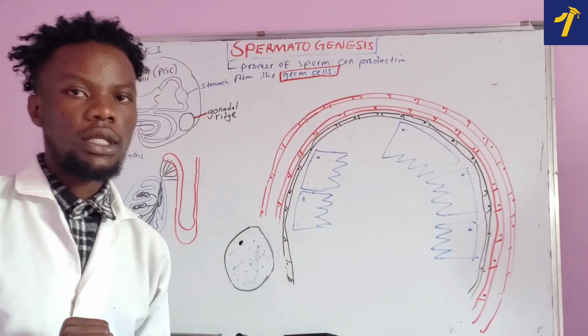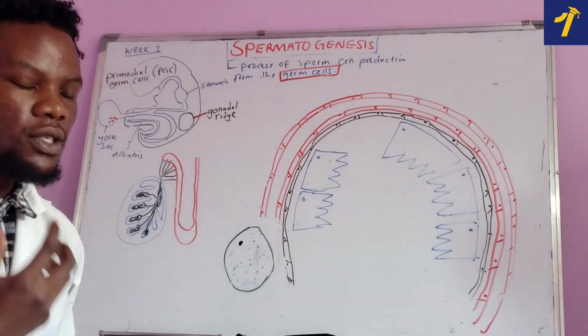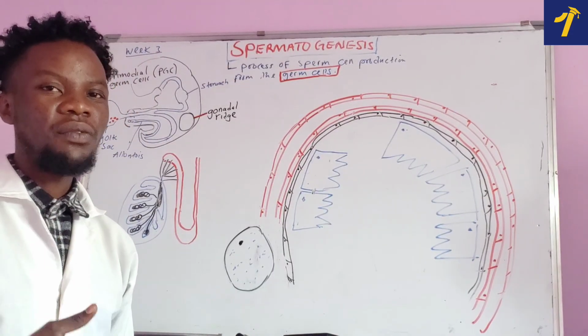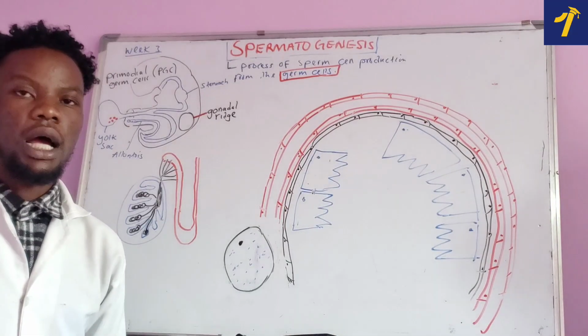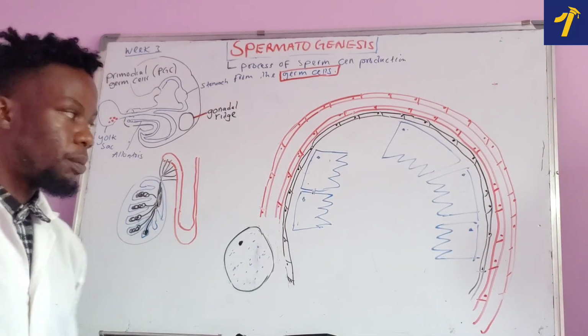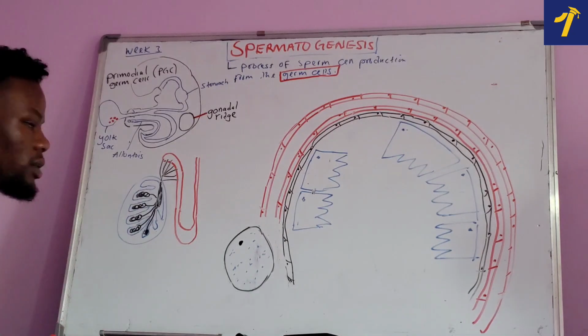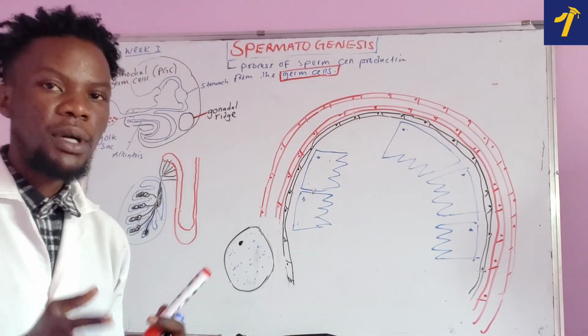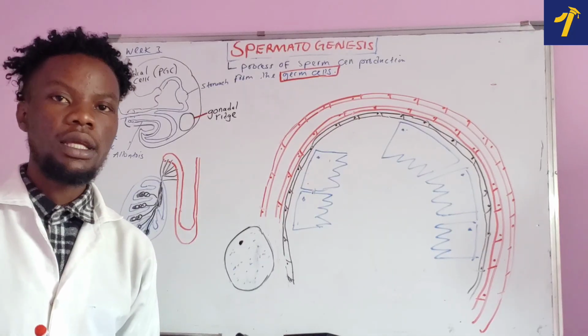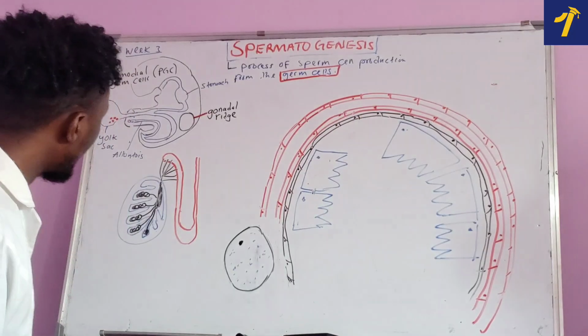That allantois structure is an important structure in the development of the hindgut. We'll come and talk about the development of the hindgut in future. But just remember the allantois is an important structure that participates in the development of the hindgut. Alright?